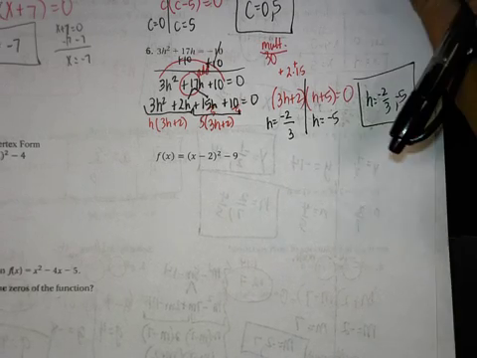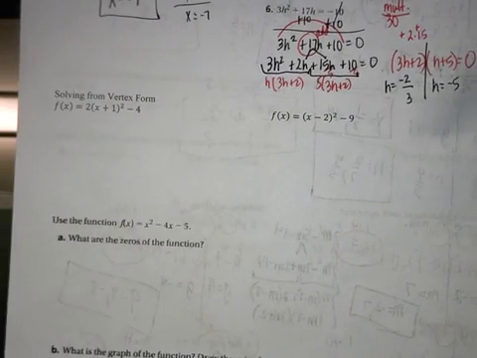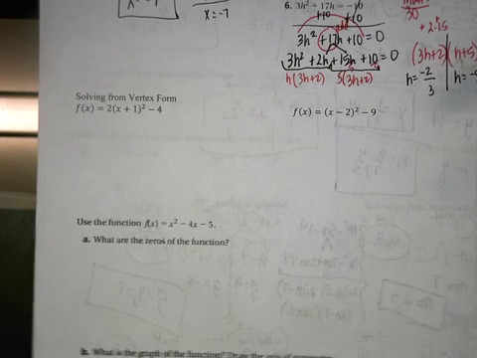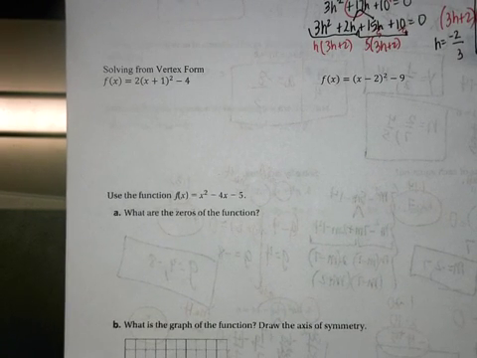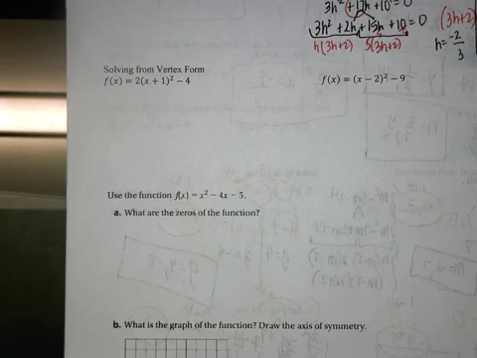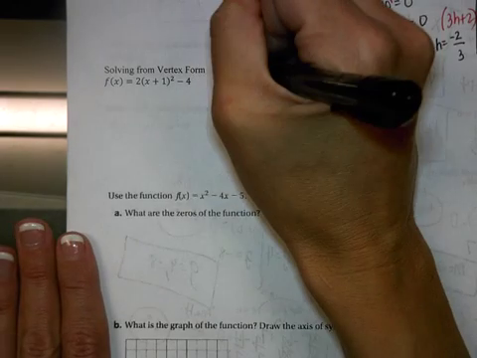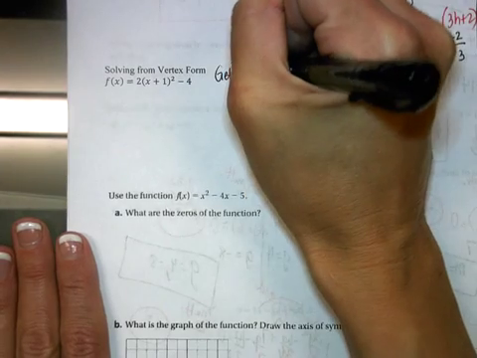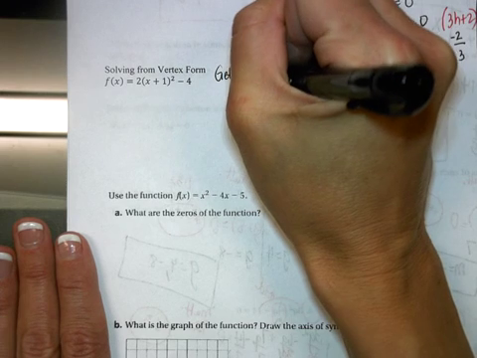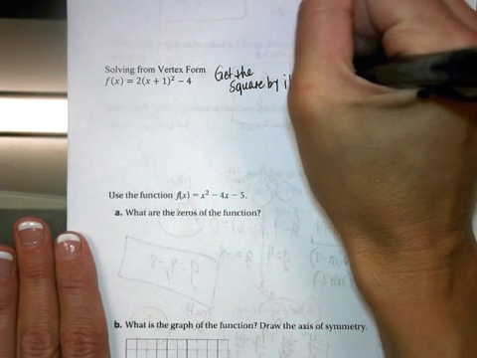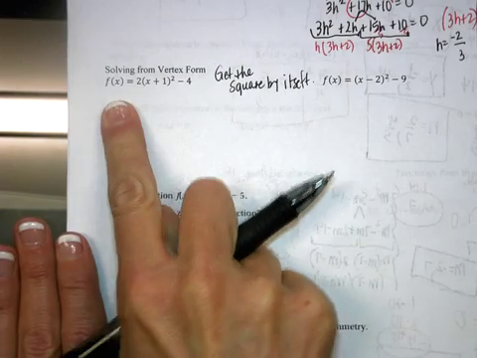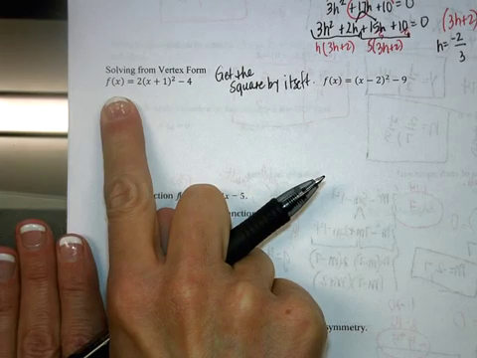Okay, next here we're going to solve from vertex form. So do you guys remember what we did with this one? Okay, we want to get the square by itself. Very good. Now the only difference is that we are going to put a 0 in for f of x.